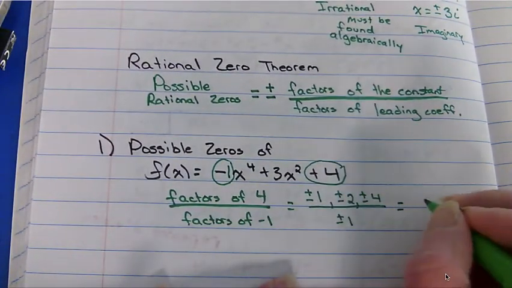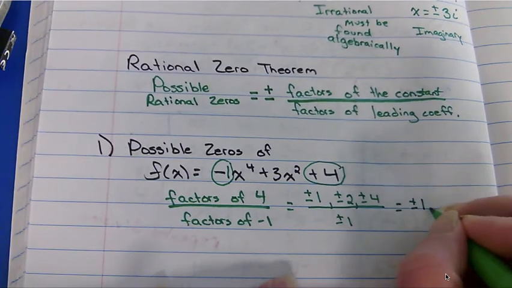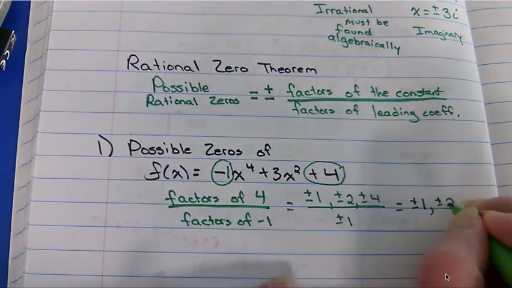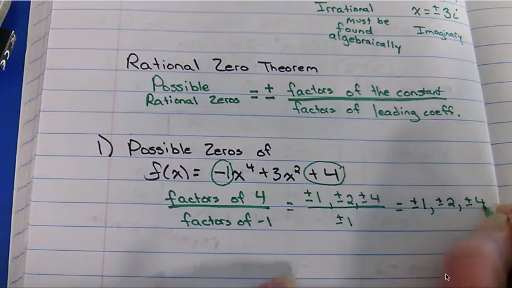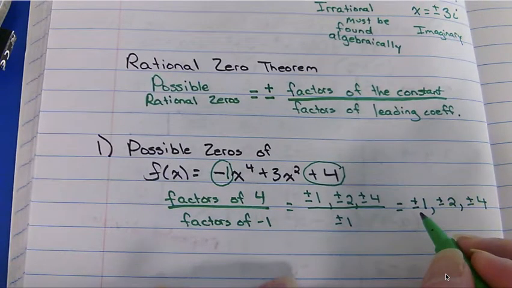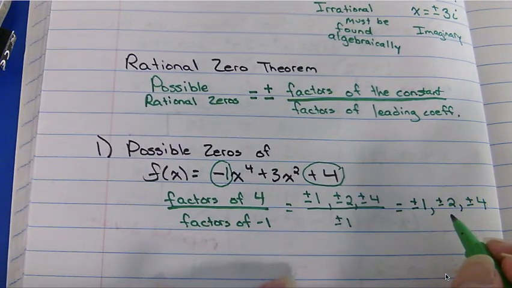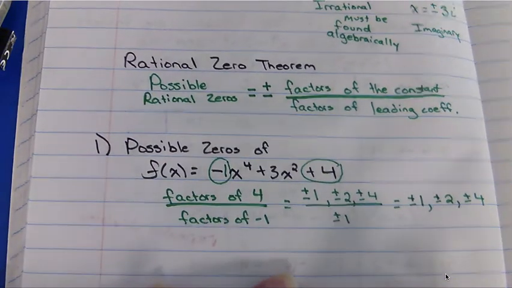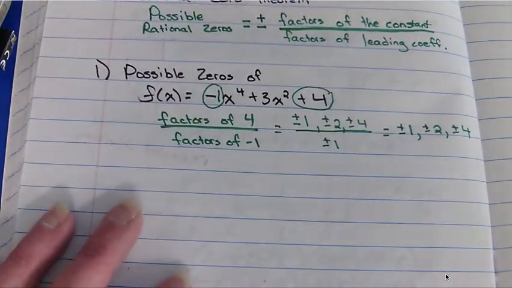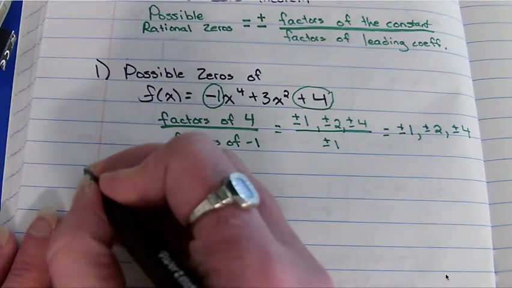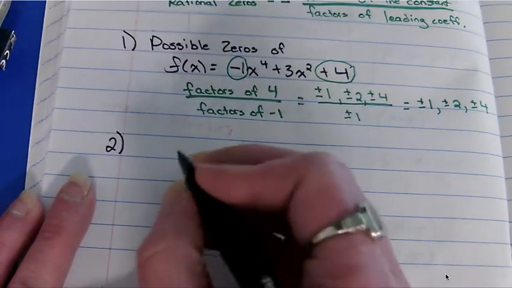And so 1 divided by 1, 2 divided by 1, and 4 divided by 1. So positive or negative 1 could be a 0, positive or negative 2, and positive or negative 4. Same thing.